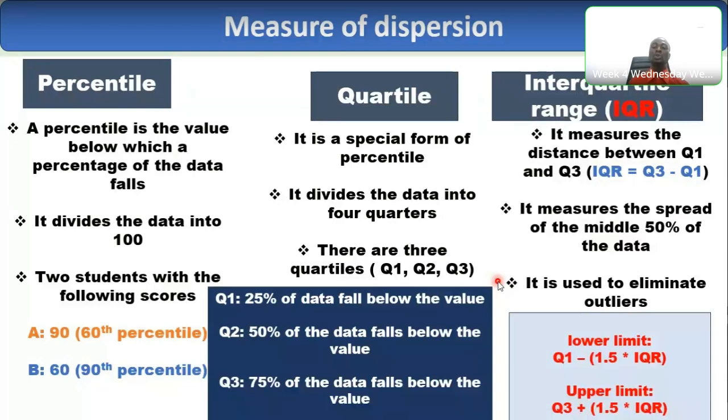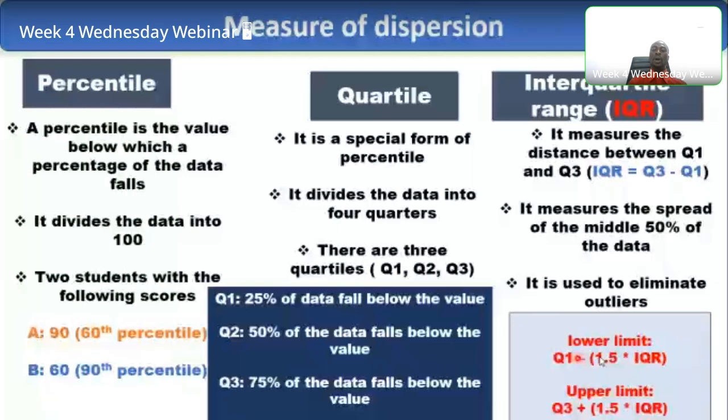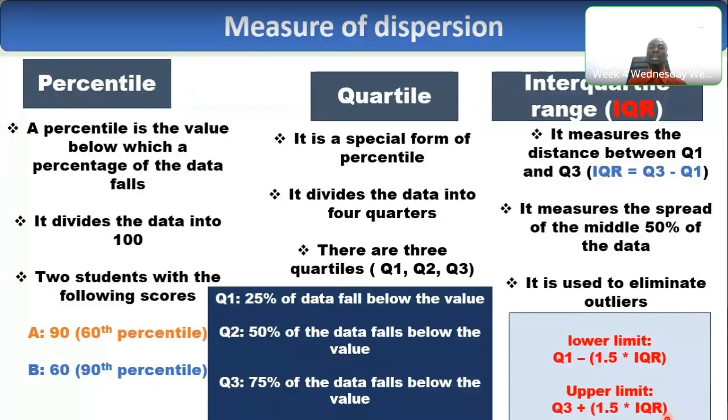You can say, okay, the lower limit is Q1 minus 1.5 times IQR, and the upper limit is this. Any value below the lower limit, you remove from the data. Any value above the upper limit, you remove from the data, and everything in between is what you are going to be using for your analysis.